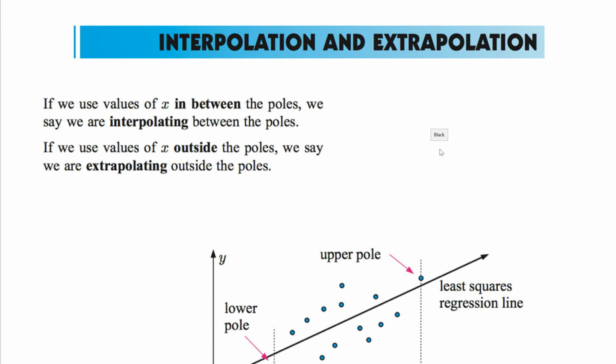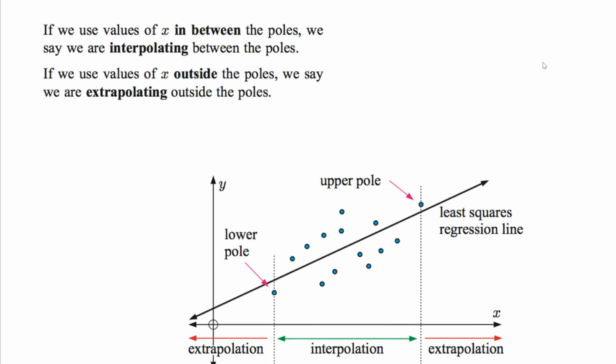Interpolation, extrapolation. This is all about how good of an estimation your data is when you find the equation. So this picture is all you really need. Anything that falls within your min value, which we have right here, and your max value is called interpolation.